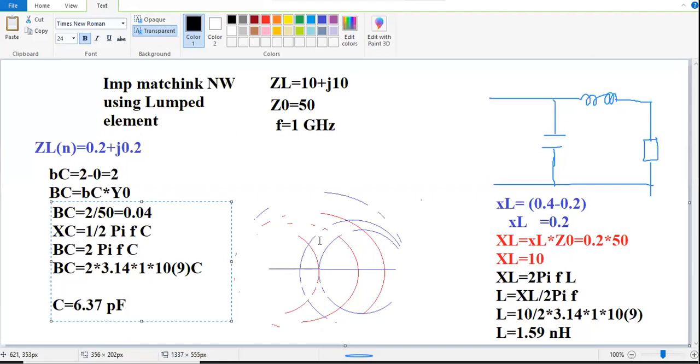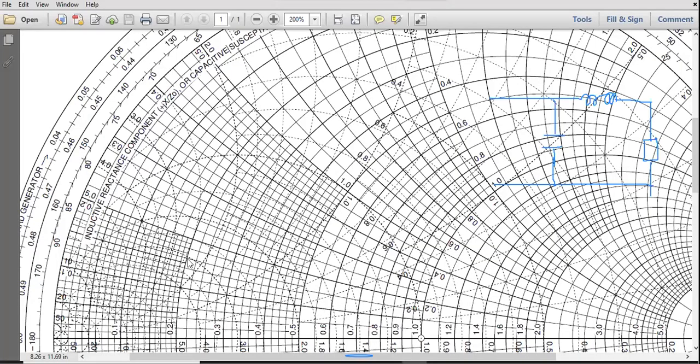You only have to find out the L and C. Now we have gone this side up and then come down.